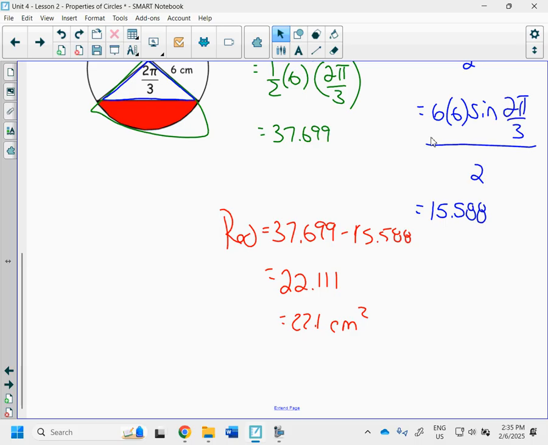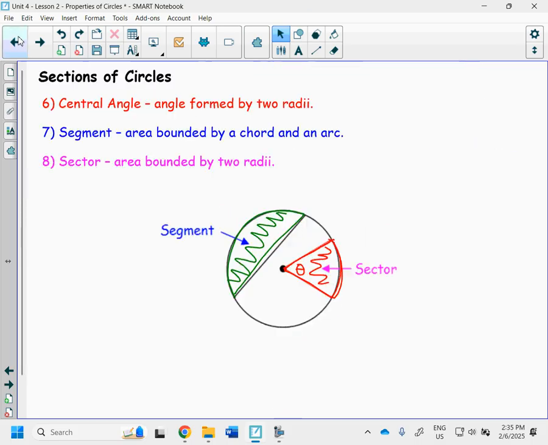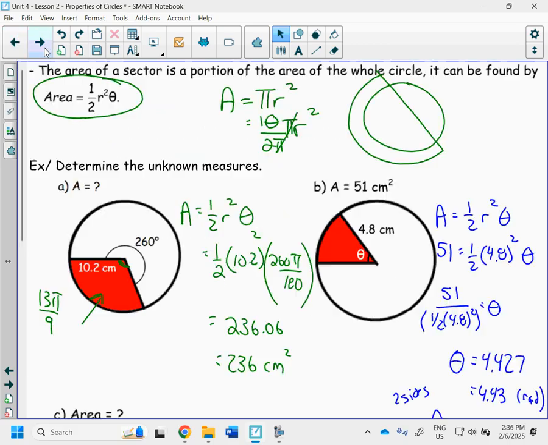And that's how you find the area of a segment, if you will. Okay, take your sector, subtract the triangle inside. It can be done for everyone.